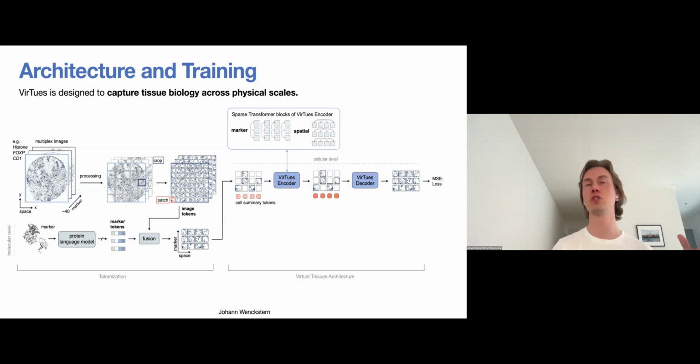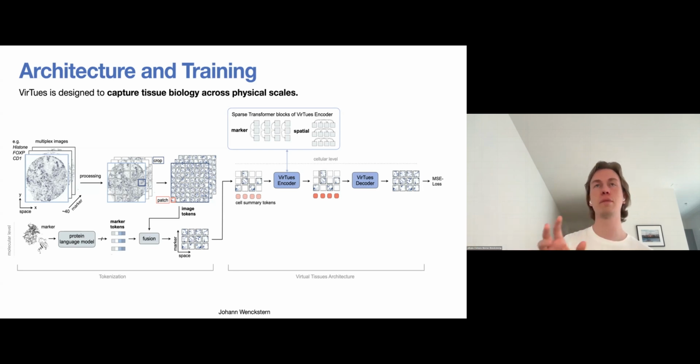So we don't do full attention between all tokens at a time, but either we do marker attention, meaning that at a fixed position, all tokens at the same position are allowed to attend each other across markers, or within each marker, all tokens are allowed to attend each other across space.